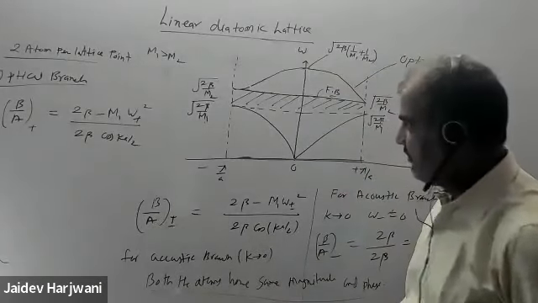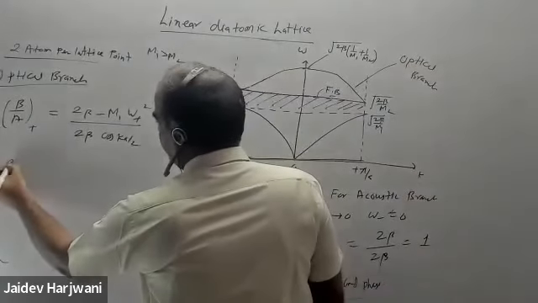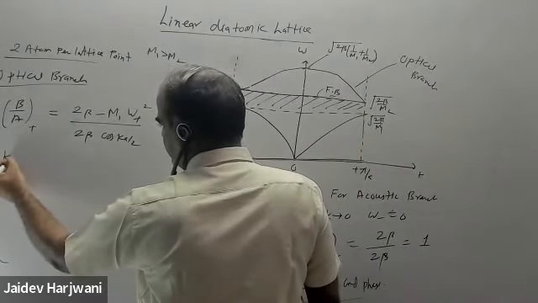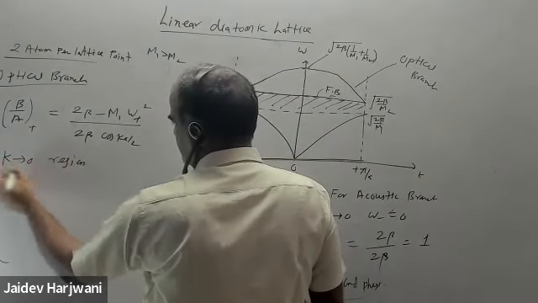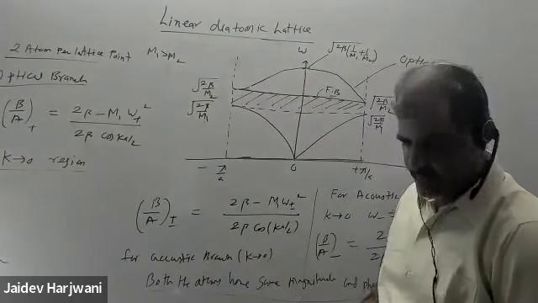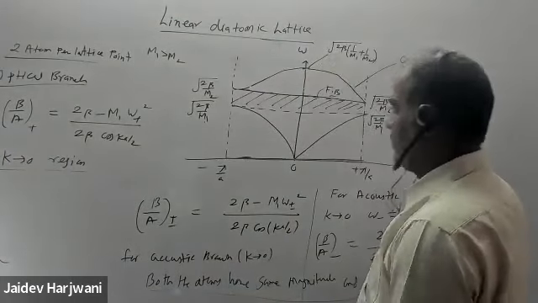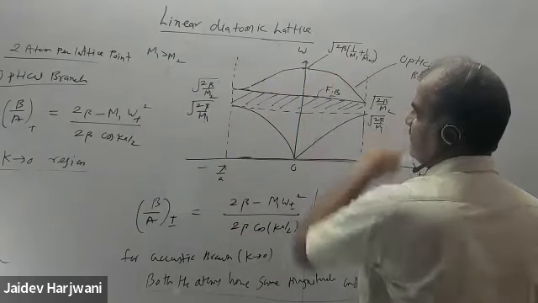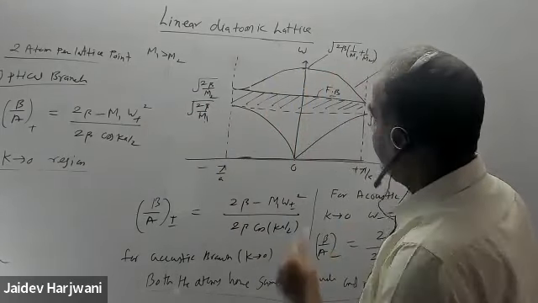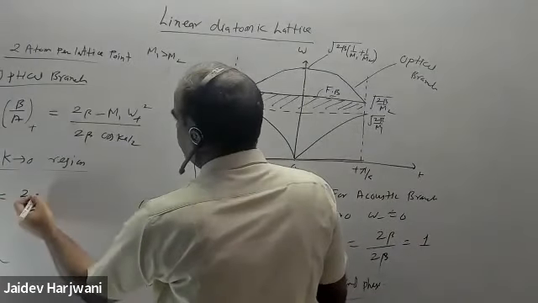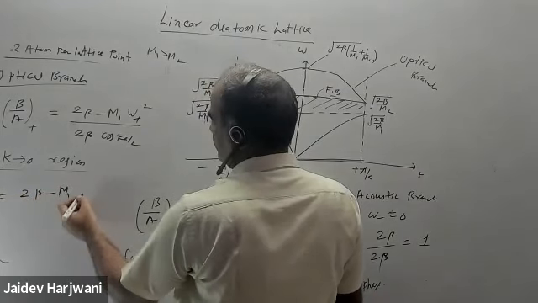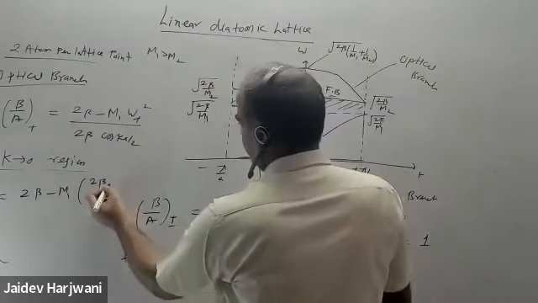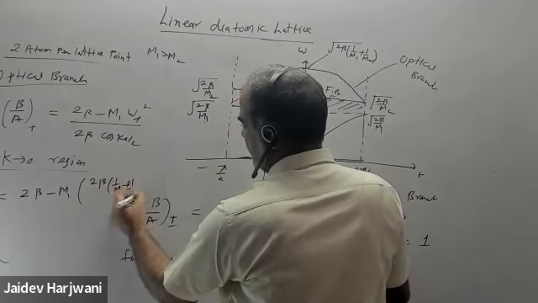Now near the k tends to 0 region, the value of omega plus is 2 beta times 1 upon m1 plus 1 upon m2, so 2 beta minus m1 times 2 beta (1 by m1 plus 1 by m2).